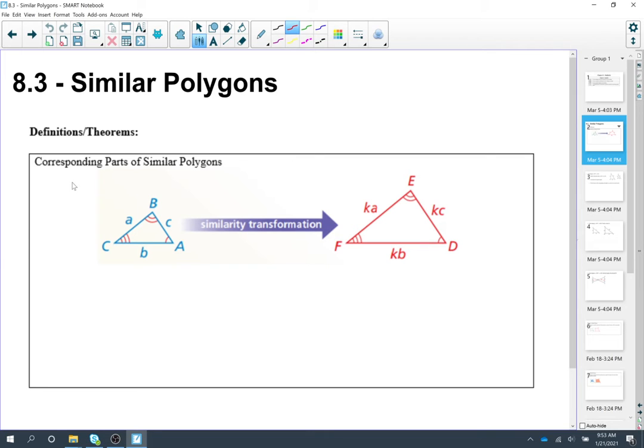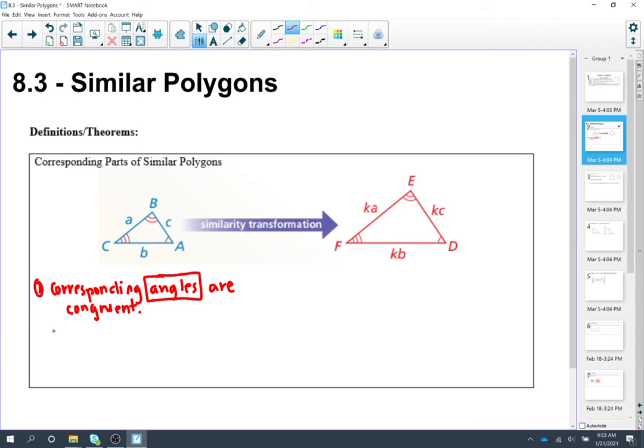So if figures are similar, then we have two things. First of all, corresponding angles are congruent. And remember, congruent means equal, and specifically here, I'm talking about the angles.